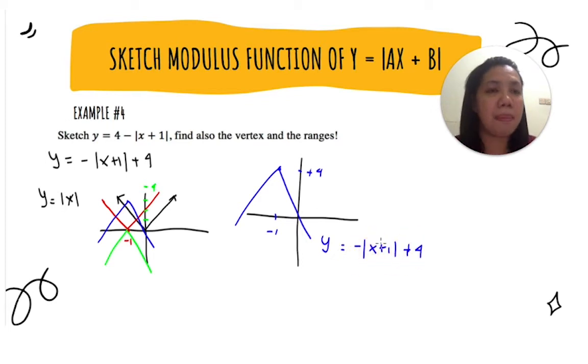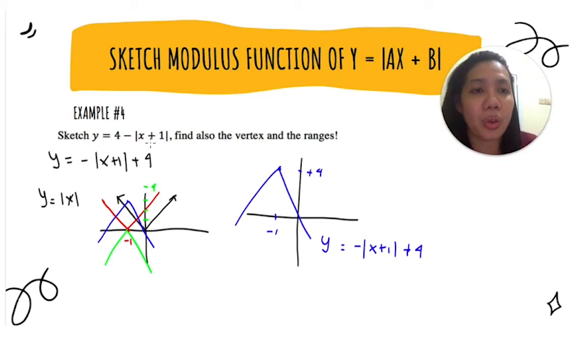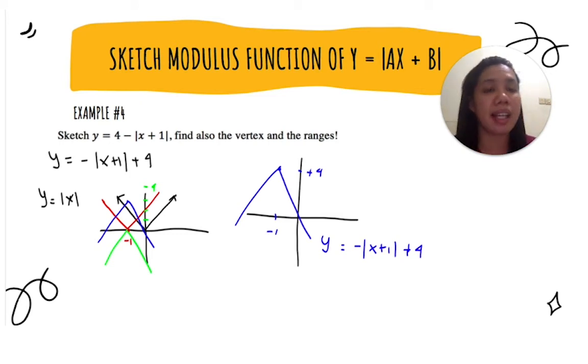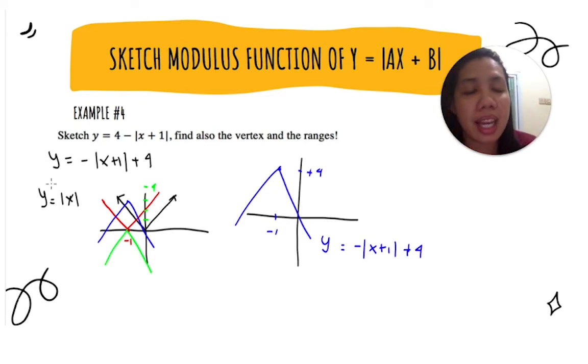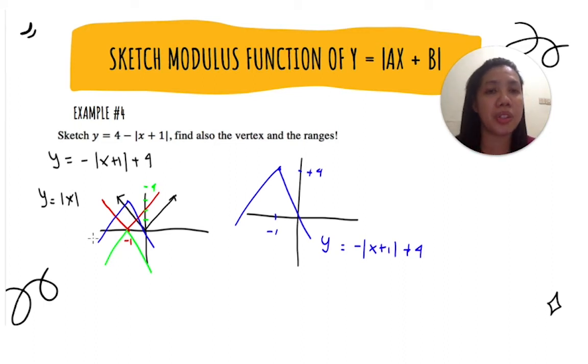It is simpler to draw this function because we have learned the concept in the previous example: how adding or subtracting affects the x coordinate and the y coordinate, and what a minus or positive number means. So it is easier to graph a more complex modulus function after we have learned the previous example.